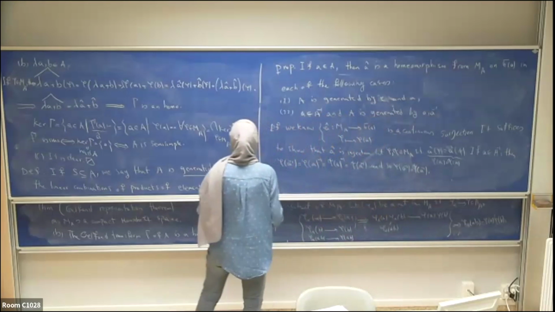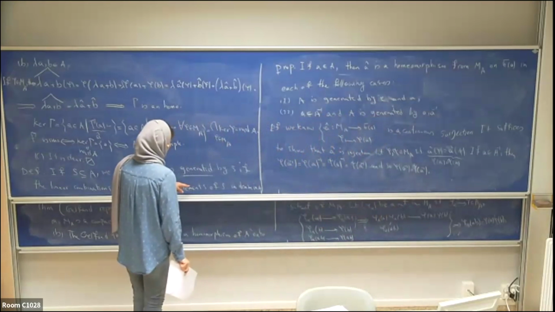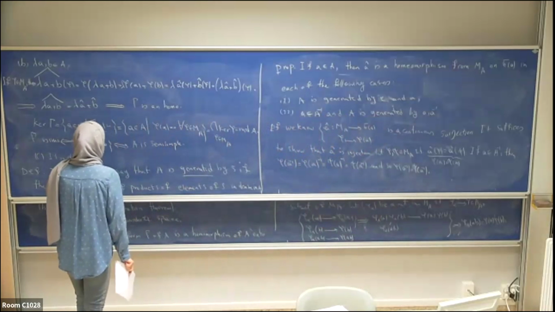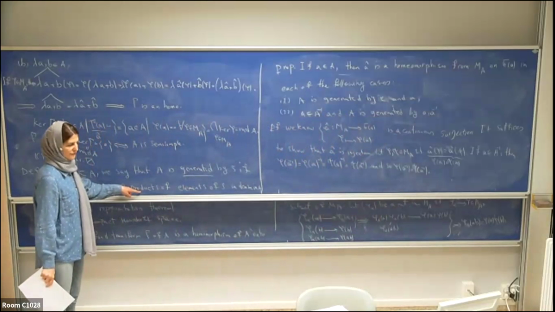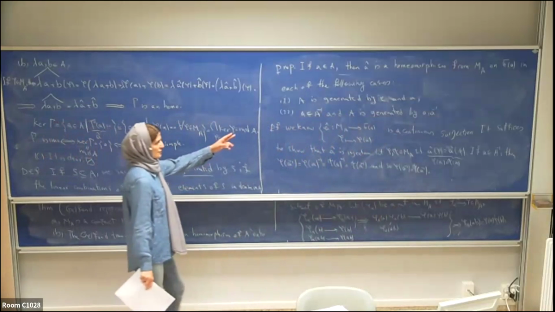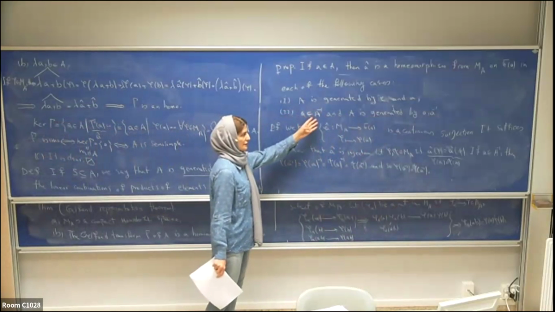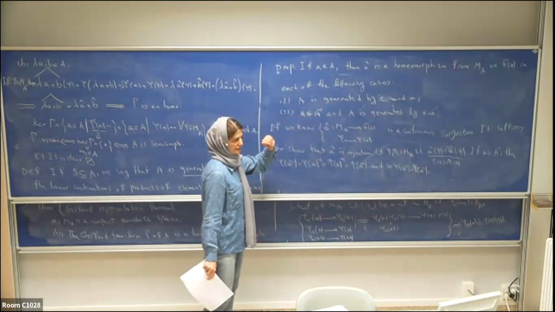Each element is the limit of linear combinations of products of elements in S, just here A and E, and this one A and A inverse.